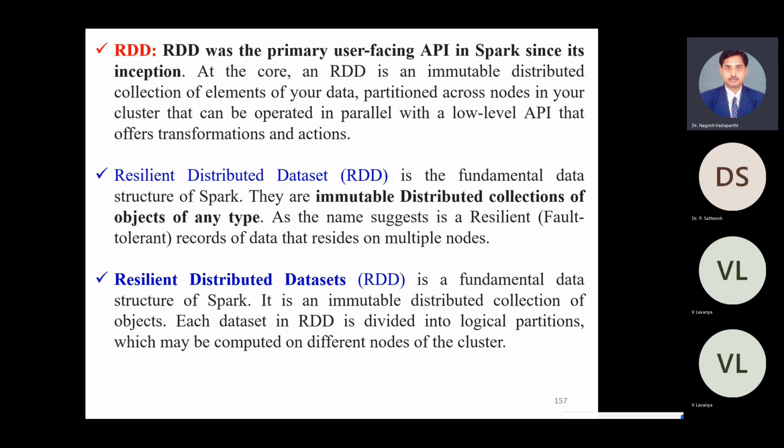So it is partitioned across nodes. Yes, the file is divided into a number of subparts, and each subpart takes data to each node in your cluster that can be operated in parallel with a low-level API that offers transformations and actions.